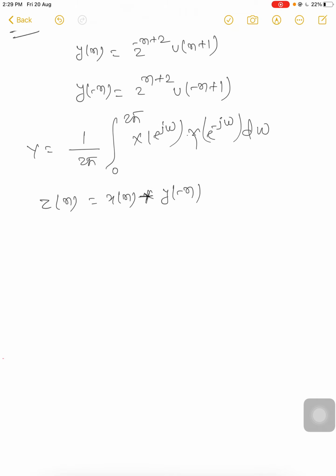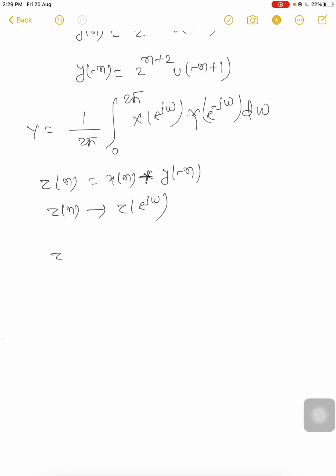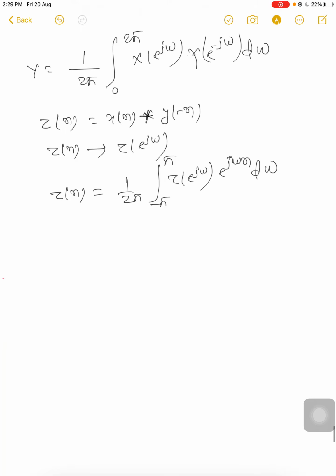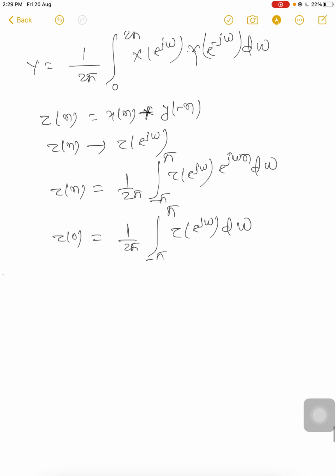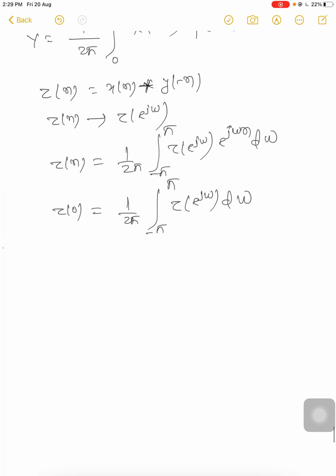So z[n], with Z(e^(jω)), is equal to 1 by 2π, the integral from -π to π of Z(e^(jω)) e^(jωn) dω. So z[0] will be 1 by 2π, the integral from -π to π of Z(e^(jω)) dω.